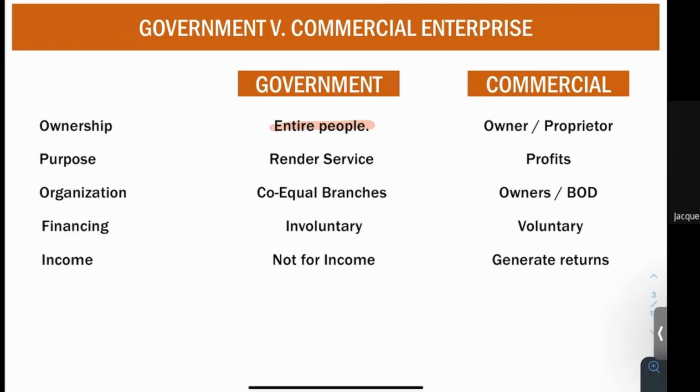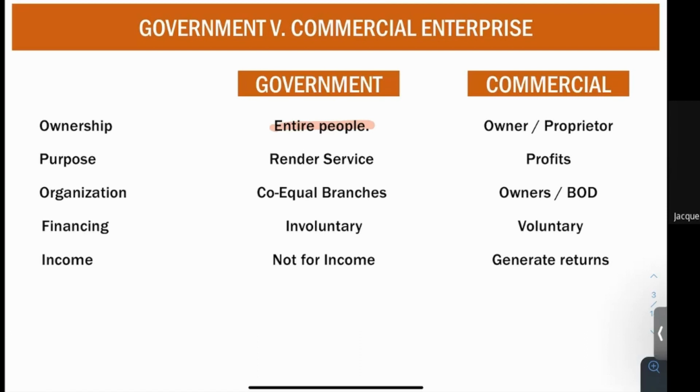Next, the purpose. The main purpose of your government is to render service. That is not to earn profits. Although you might debate that at some point the government earns taxes, taxes are not considered earnings of the government. They are considered involuntary contributions of the people to continue the services of the government.